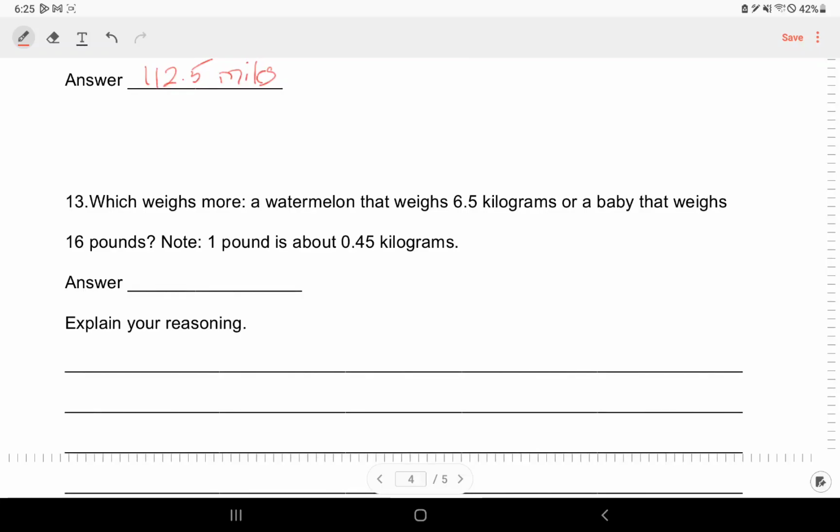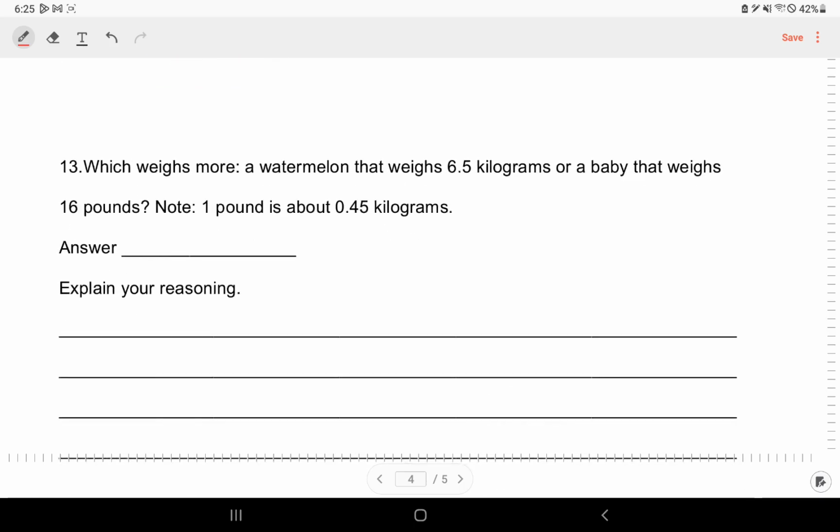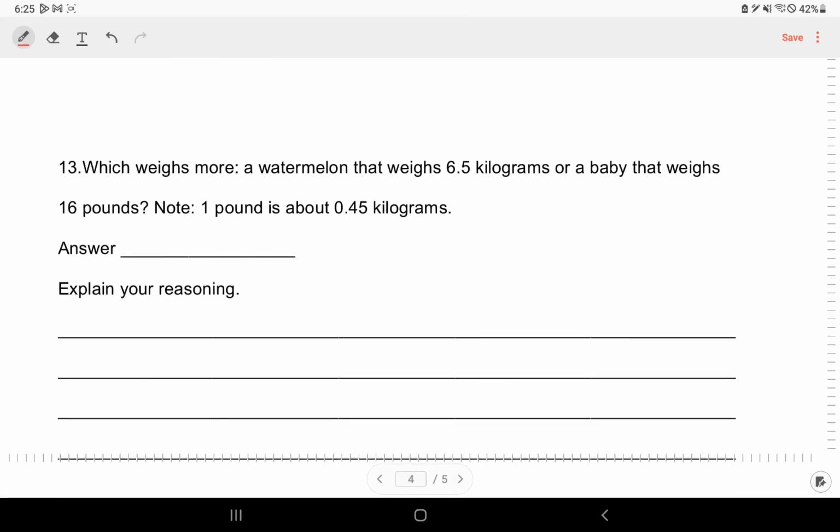Now, what weighs more? A watermelon that's 6.5 kilograms or a baby that weighs 16 pounds? Now, if 1 pound is 0.45 kilograms, well, we already know what that is, so let's change the 16 pounds. So, 16 times 0.45.